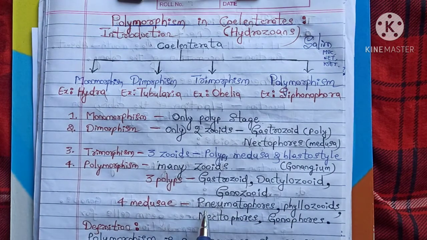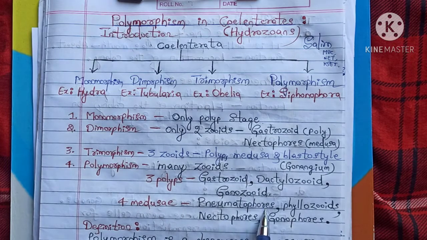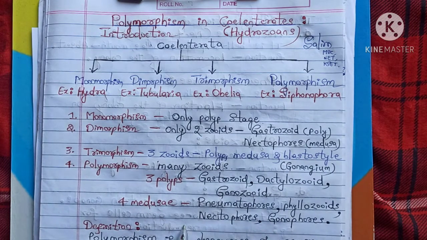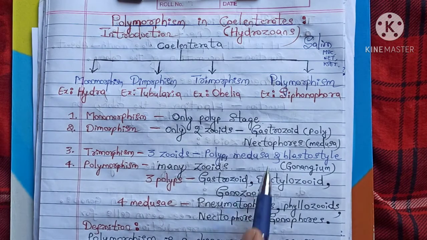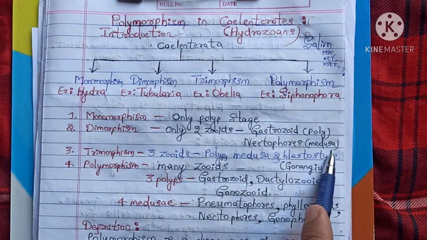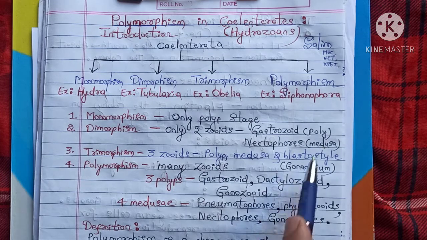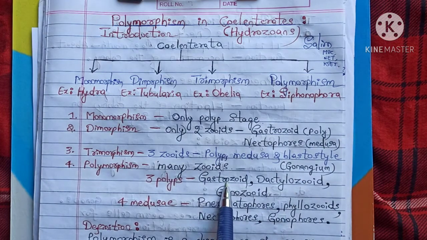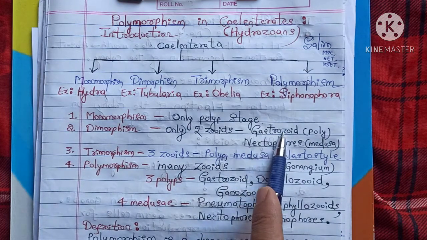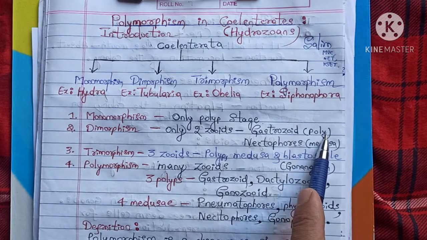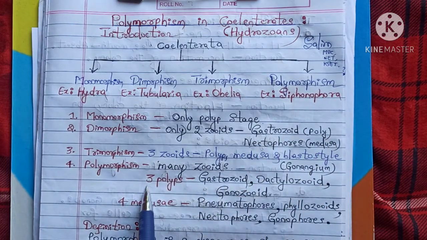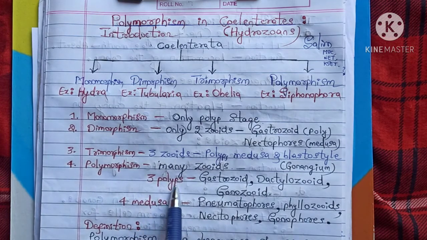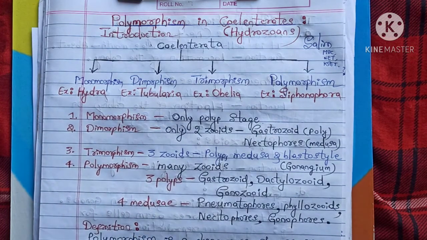And the four medusae are pneumatophores, phyllozoids, nectophores, gonophores. Nectophore, as I told you, is a modified medusa. In the same way, gastrozoid is a modified polyp. So you have to remember, the Siphonophora shows a total of 7 zooids, 3 polyps and 4 medusae.